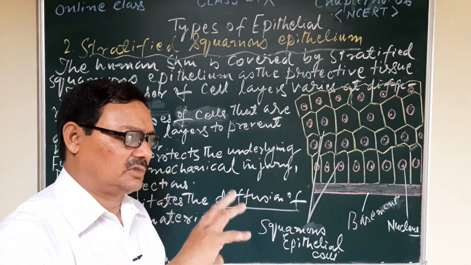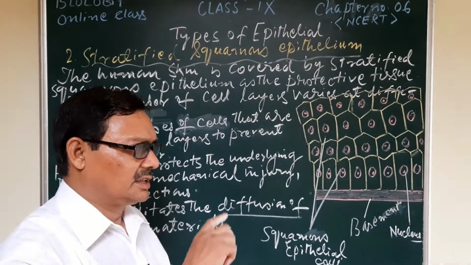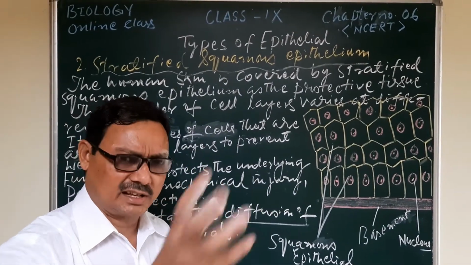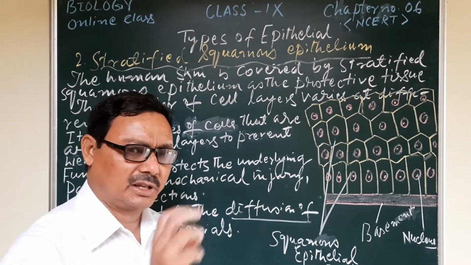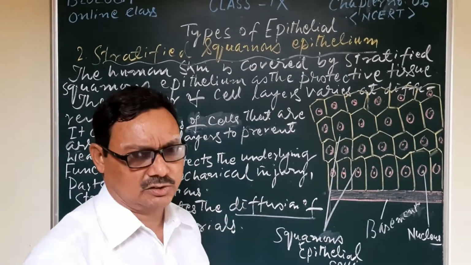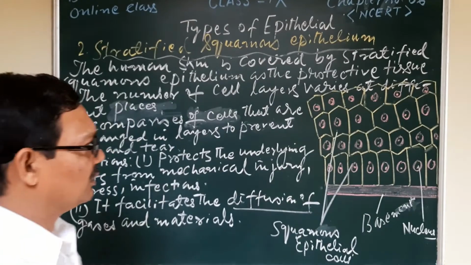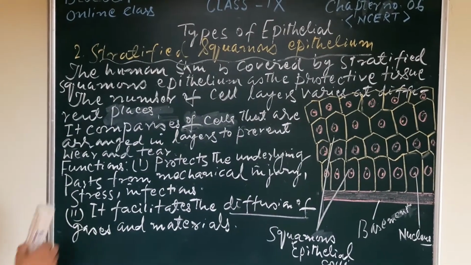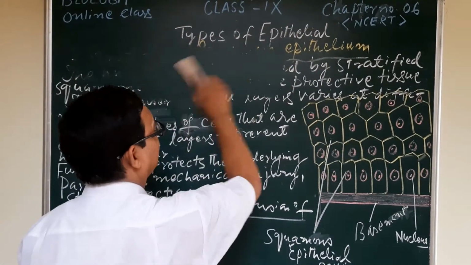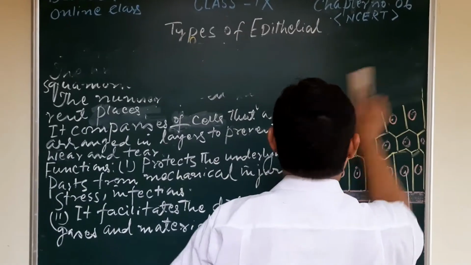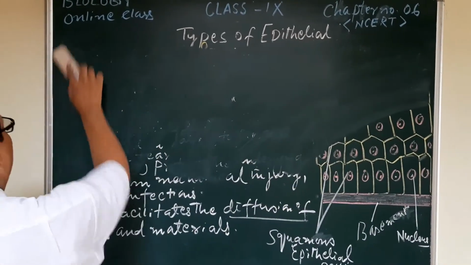And again three, because there are some cilia with the columnar and with the cuboidal also. That means there are two or three more types depending on the shape. So let us see what the different types are depending on the shape of the cell.